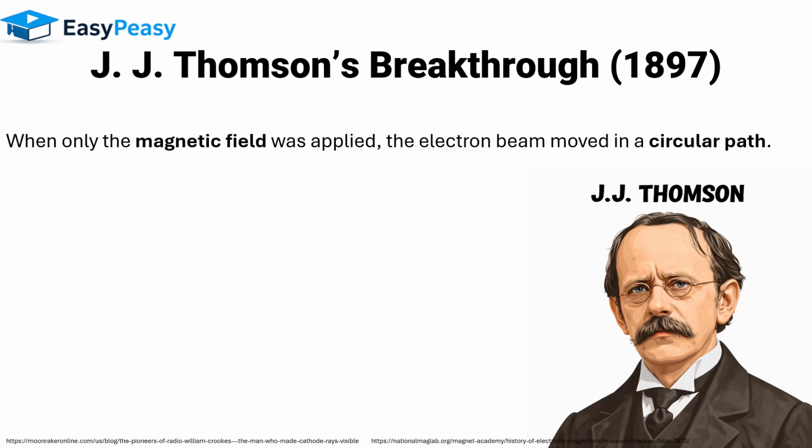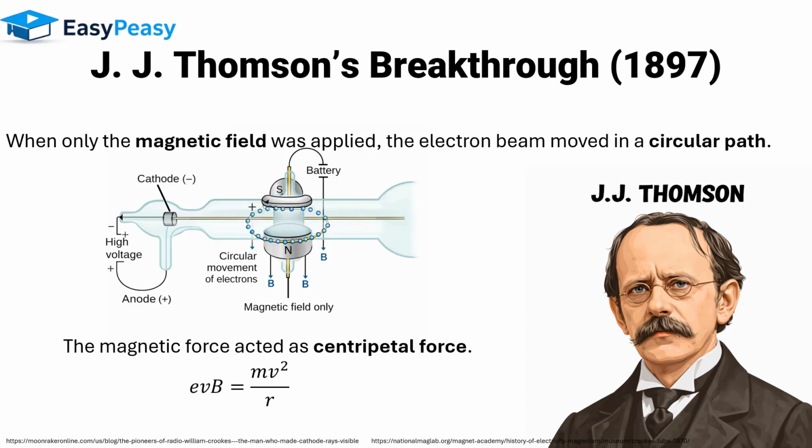But when he stopped the electrical field and just applied the magnetic field, the beam started moving in a circular path. So it means that the magnetic force is also acting as a centripetal force, and he can apply the formula for centripetal force like that.